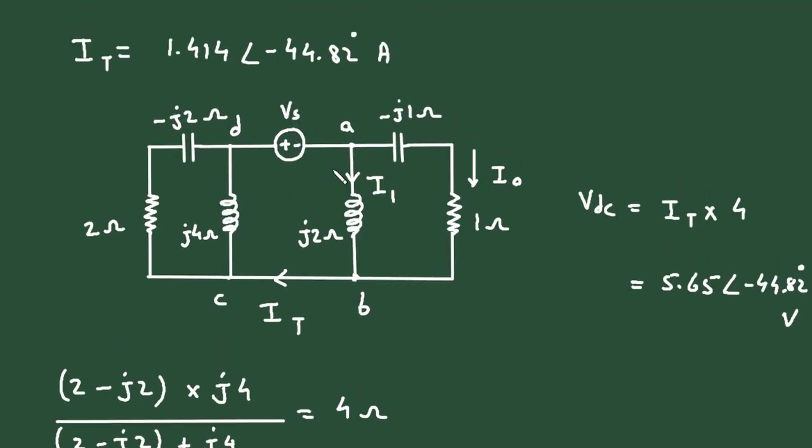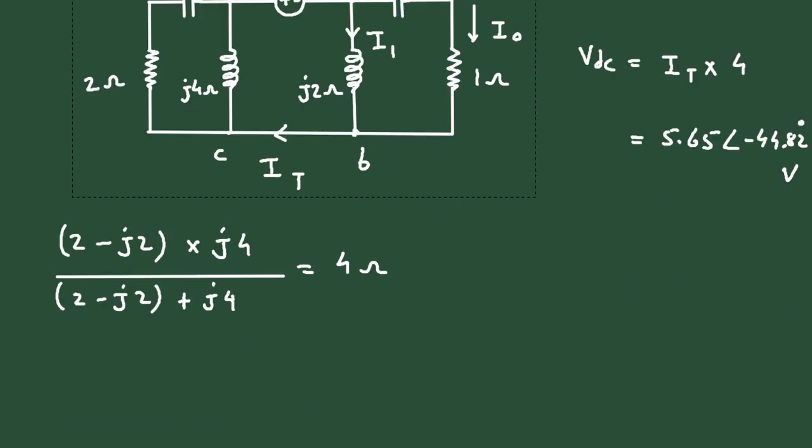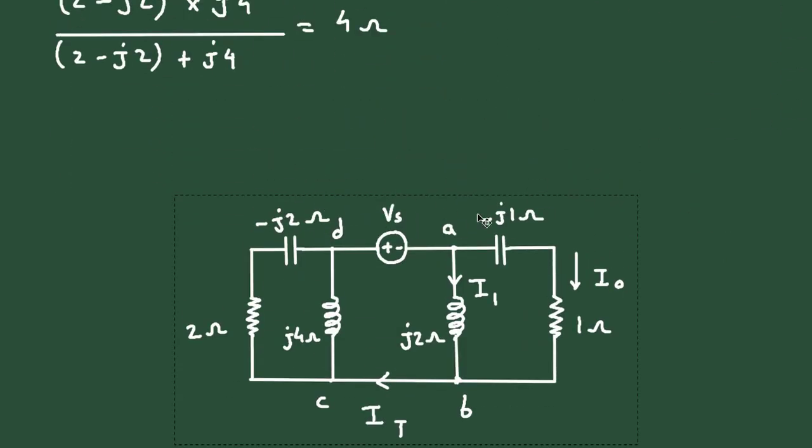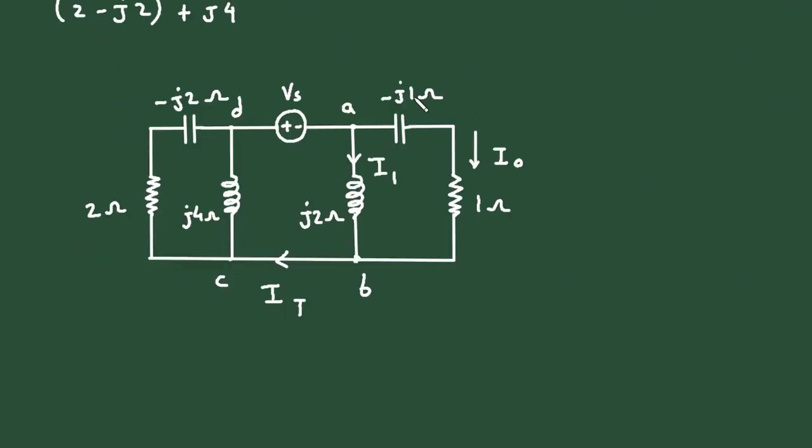Now we can use the KVL, that is Kirchhoff's voltage law. So again, let's copy the circuit from here. Now we have to find the value of this Vs. So Vs is equal to, we have to add both the voltages VDC and VAB.